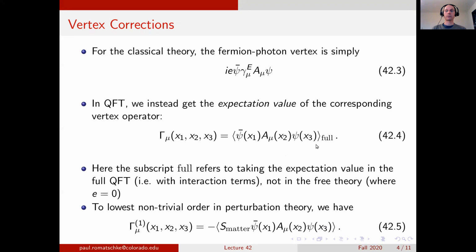So what we want to do is expand that result in perturbation theory, around the point where e vanishes, and we can consider several orders in perturbation theory. The lowest non-trivial order, that's the first order in perturbation theory, expanding the full action just gives us a term that is S matter times that same operator here. And that gives rise to the first non-trivial correction.